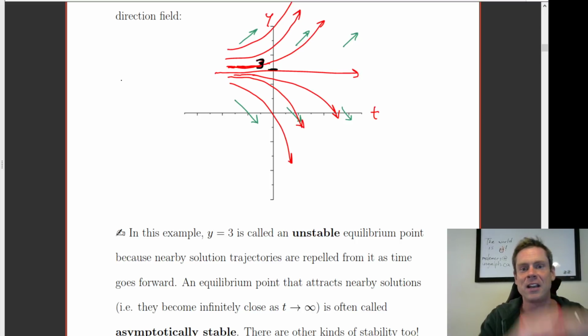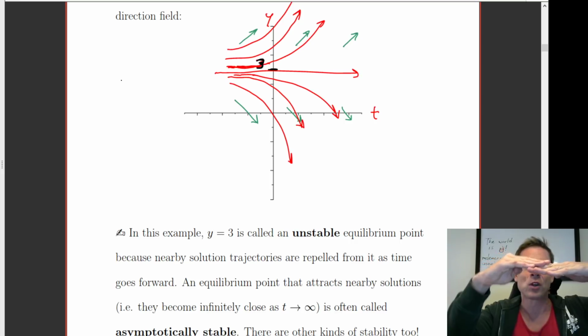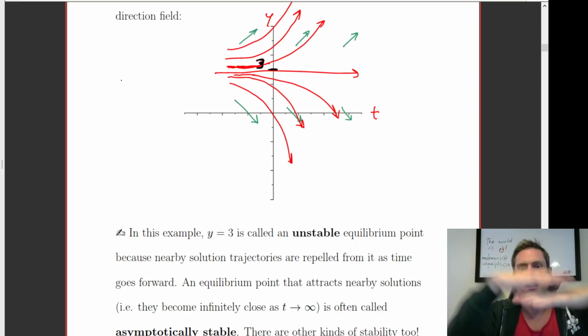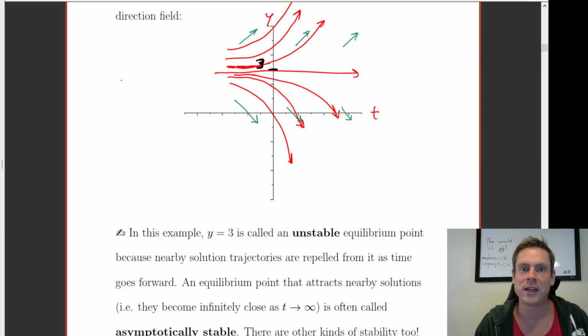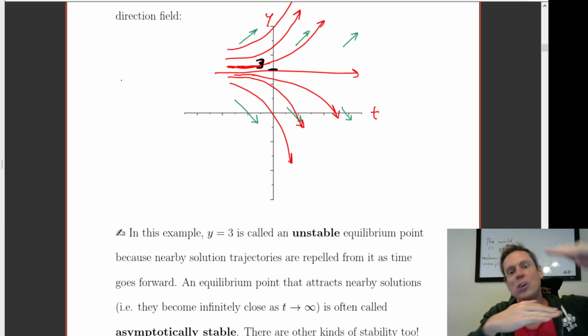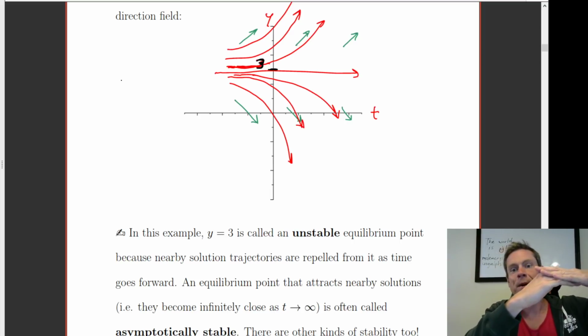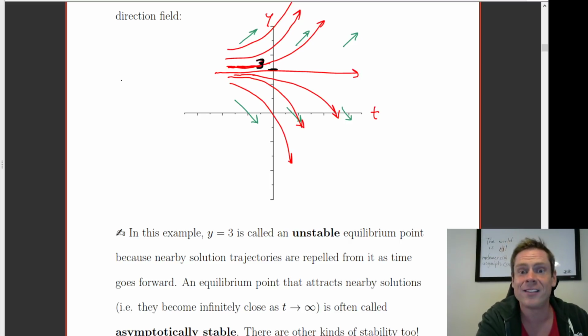The idea is that if you step off of 3, even if you had a solution that was at a height of 3.1, that solution trajectory gets blown away from y equals 3 as time goes forward. That's true even if you're at 3.01 or 2.99999, right? You can be as close as you want to 3, but the solutions go away from 3 as time marches on.